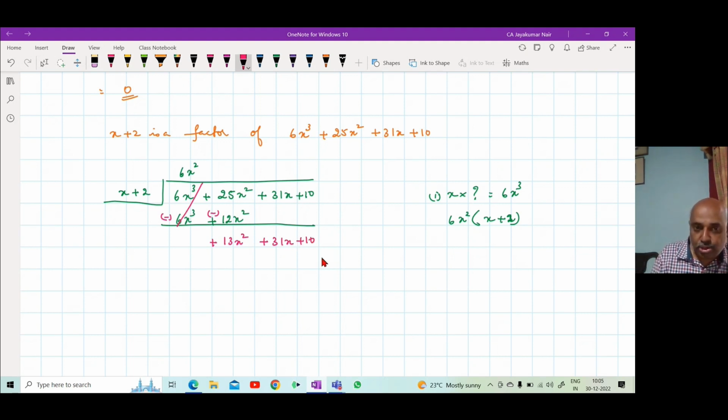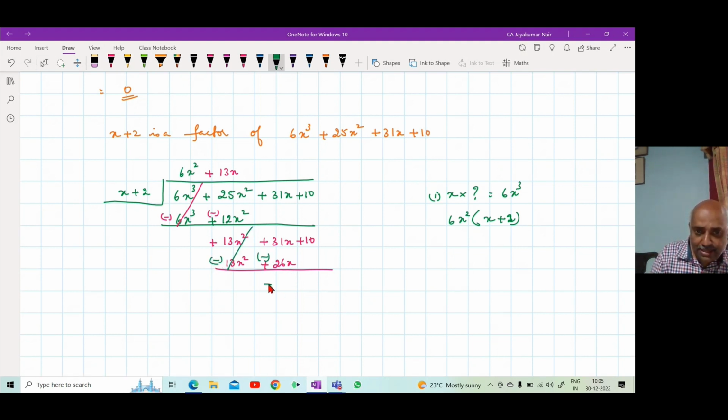Again, you have to continue with the same process. X into what will give me plus 13x squared? Answer is plus 13x. So plus 13x into x will give me 13x squared plus 26x. Again, change the sign. This gets cancelled.